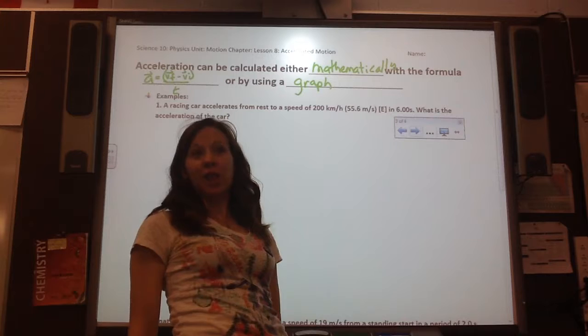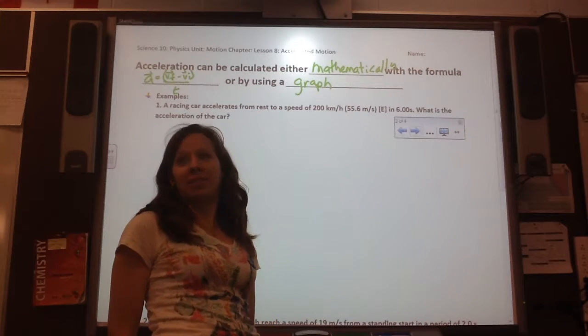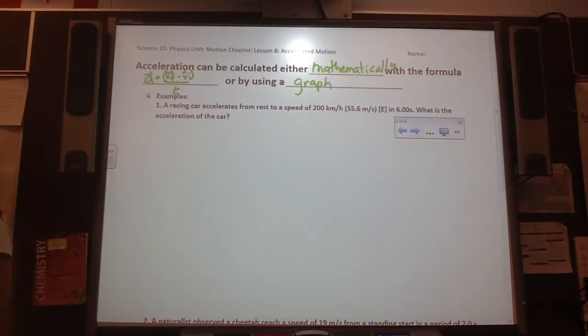You can find the slope of a VT graph. But that's for tomorrow. So the slope is the acceleration. Yeah, because watch this. You want to see it? Okay, I'll show you. Is it too much? Okay, you don't have to write it down.